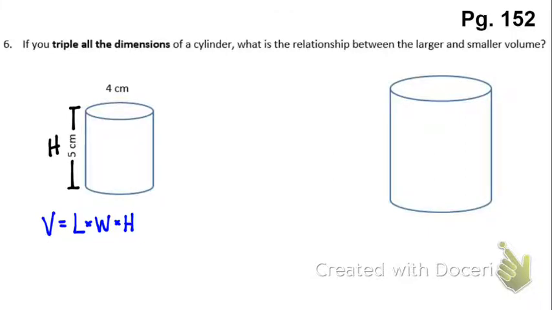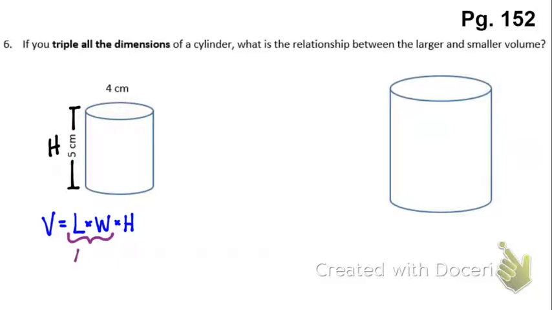There's an issue, though, when I'm talking about length and width. What shape is the base of this cylinder? It's a circle. Do circles have length and width? No. Not really. They kind of do, but not really. If I were just multiplying length and width together, what would I be finding?